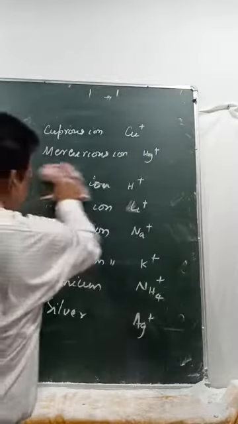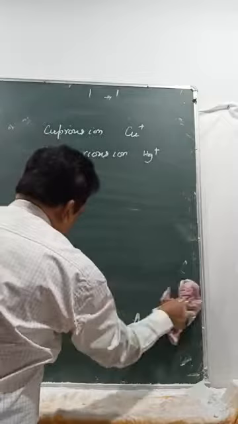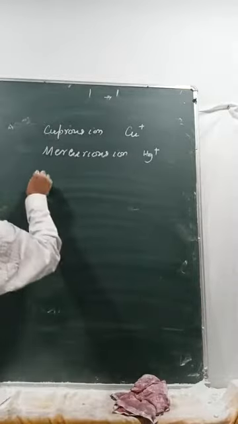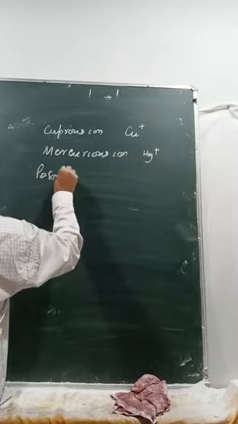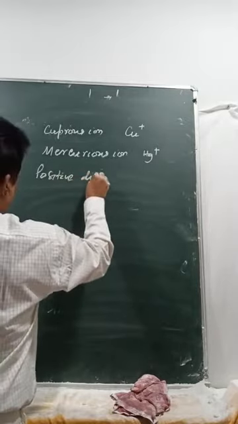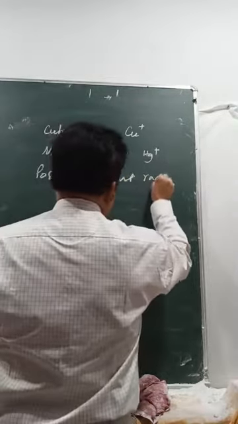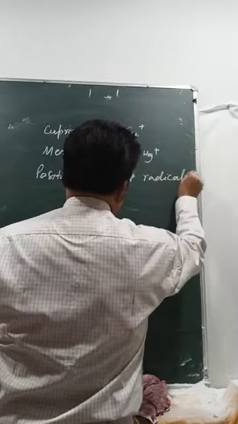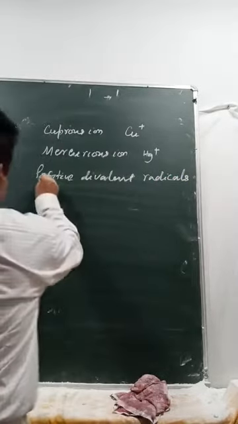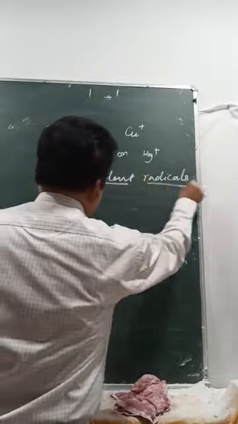Okay, divalent, you write positive divalent radicals. Divalent is valency 2.